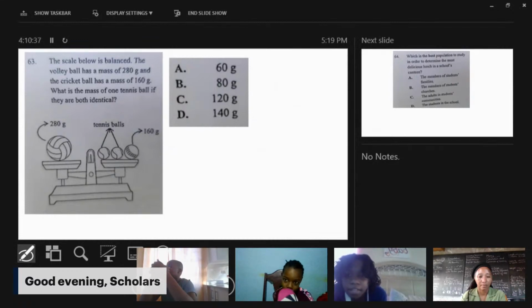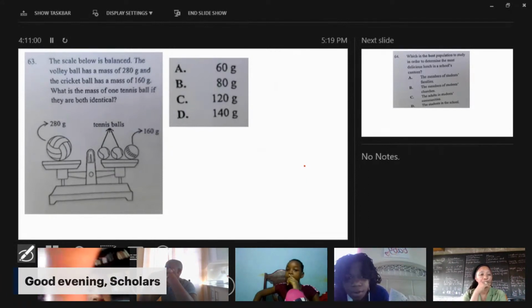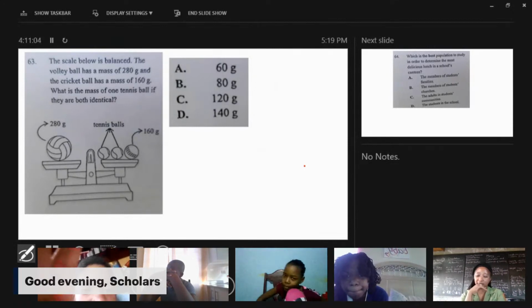The volleyball has a mass of 280 grams and the cricket ball has a mass of 160 grams. What is the mass of one tennis ball if they are both identical? A: 60 grams, B: 80 grams, C: 120 grams, or D: 140 grams. All right, what say you, Madison?